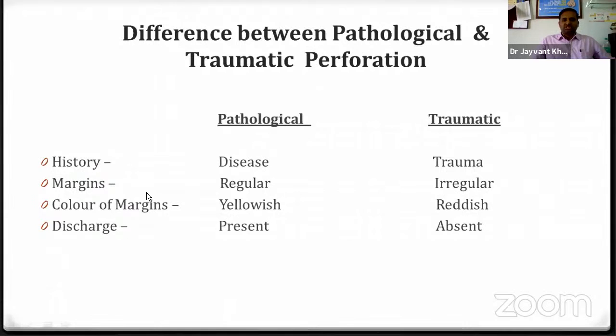Then margins. Perforated margins are regular in the pathological perforation and irregular in the traumatic perforation. Because due to trauma, the tympanic membrane is irregularly perforated, so the margins are irregular.